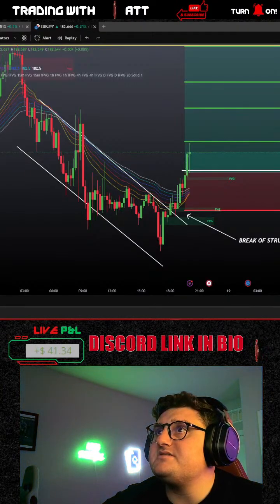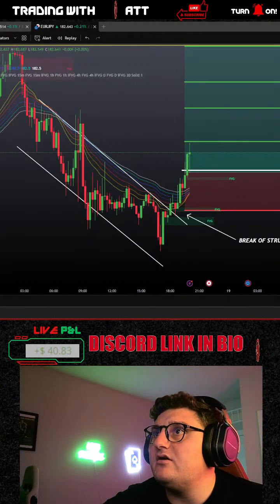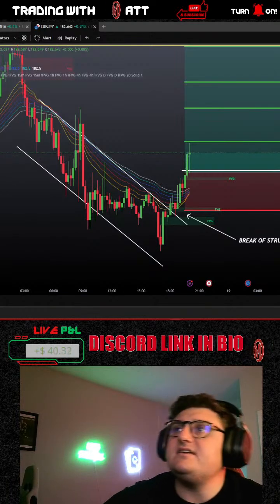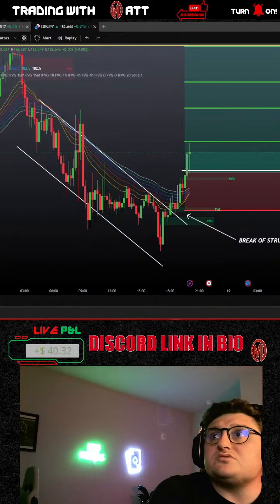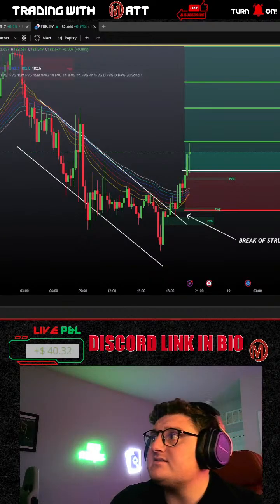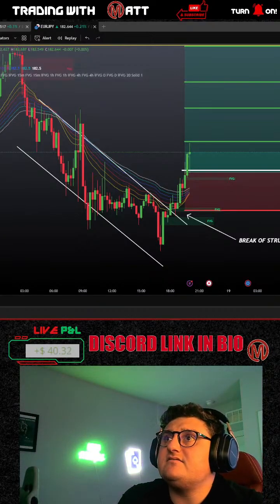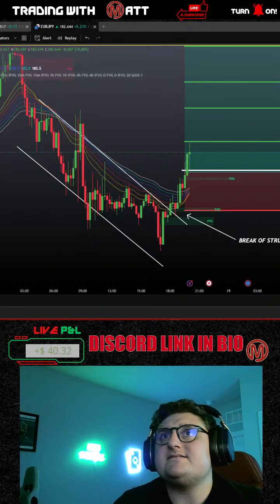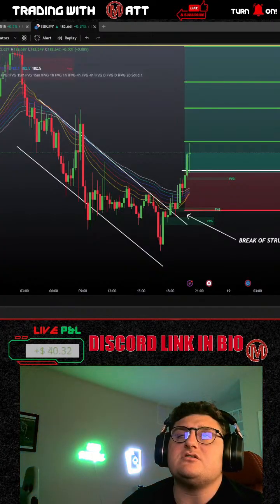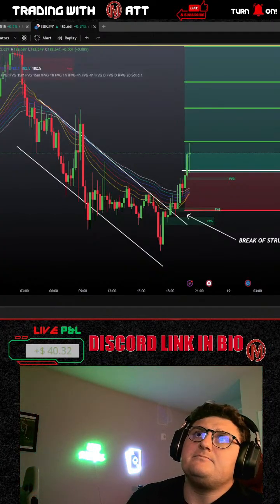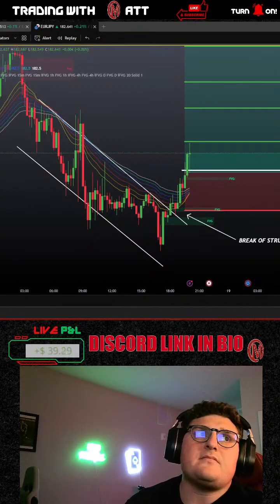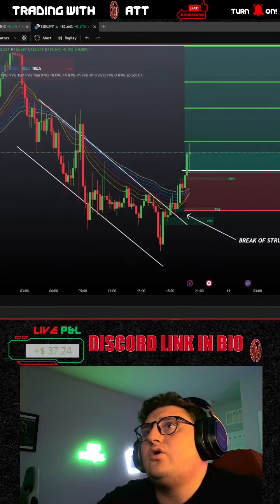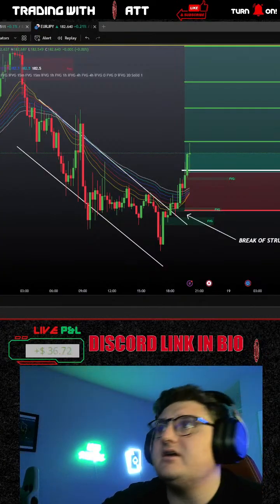The key here is not holding too long and getting out with your profits. On a 15-minute time frame, you can't stay in for too long. You can't stay in as long as an evaluation on a 4 hour time frame trade.